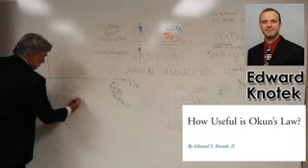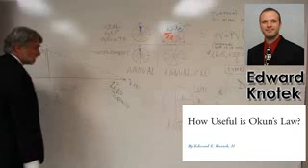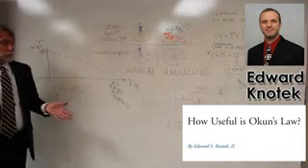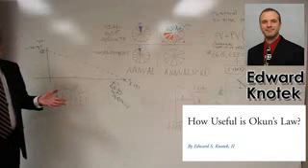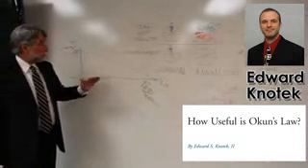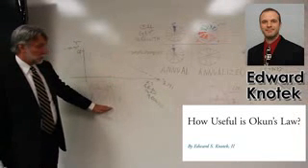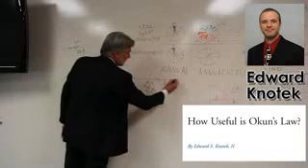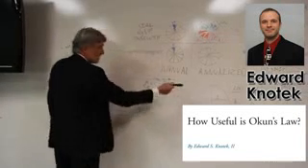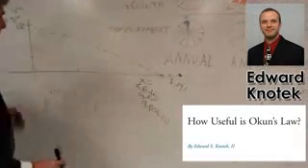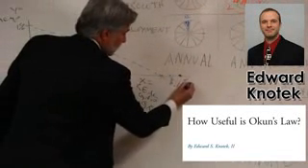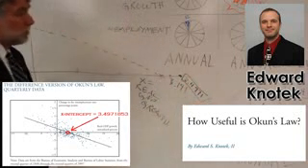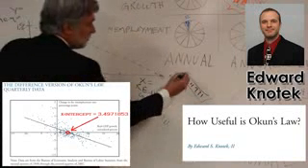Dr. Knotek, who was a researcher at the time with the Kansas City Federal Reserve, looked at the annualized GNP and unemployment growth in relation to Okun's Law, and he discovered that the x-intercept for this particular form of data was 3.4971.